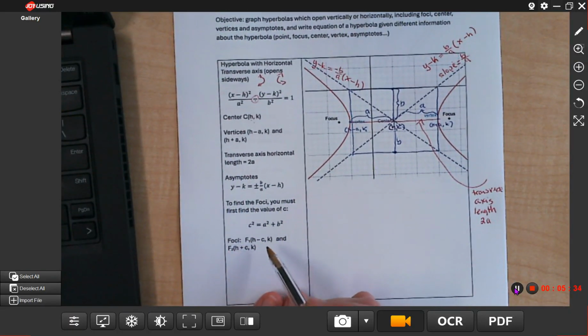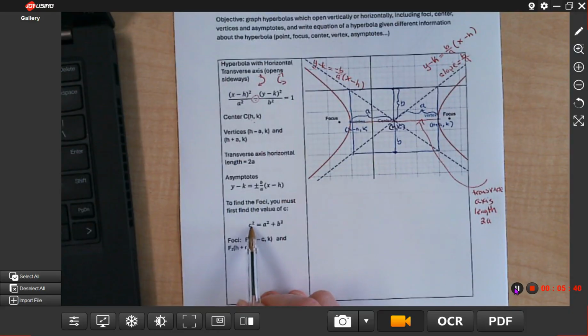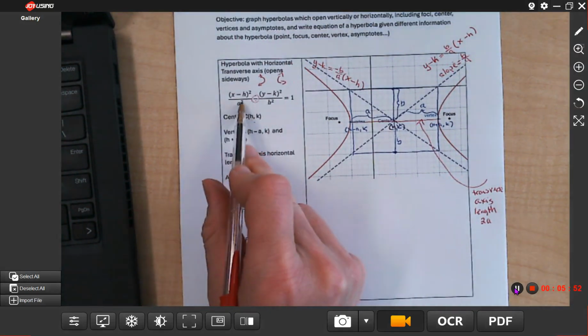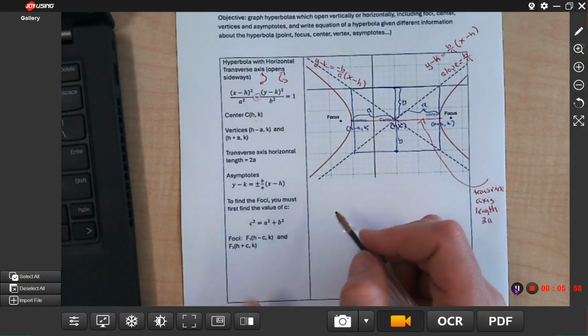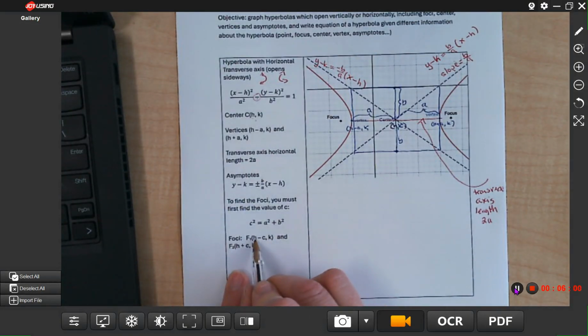And the last thing before we just graph the little curves and move on is to find the foci. So they're related to c. So notice how c, a, and b are related is slightly different than how they were related in an ellipse, so make sure you don't get it mixed up. This is a sum, and a squared and b squared are the denominators. So use that, calculate c, and then to find each focus, you move from the center, in this case left and right.